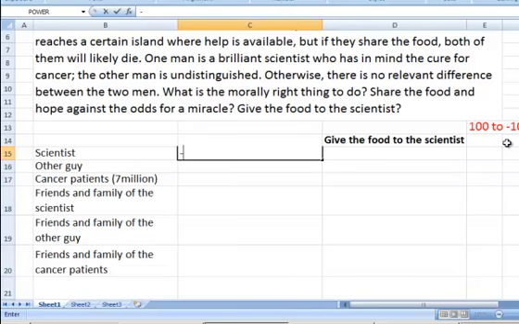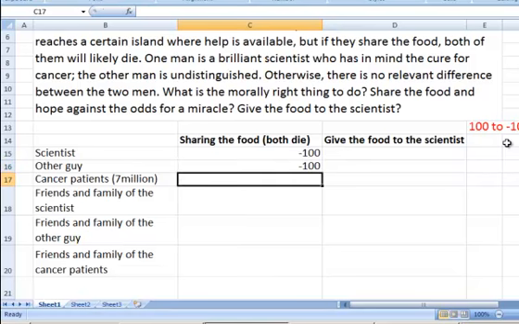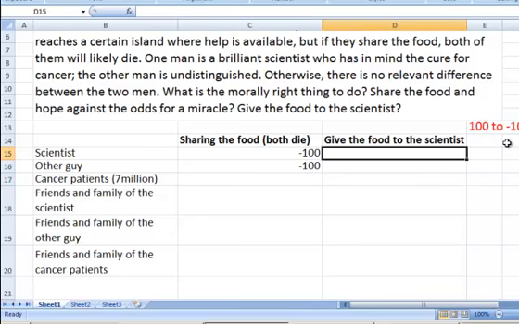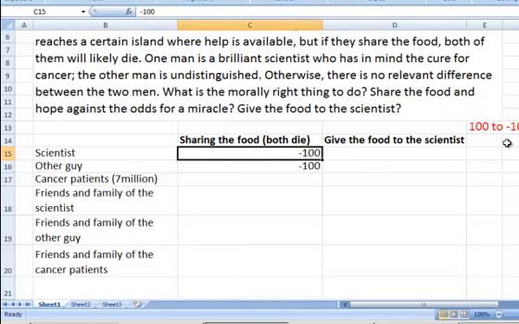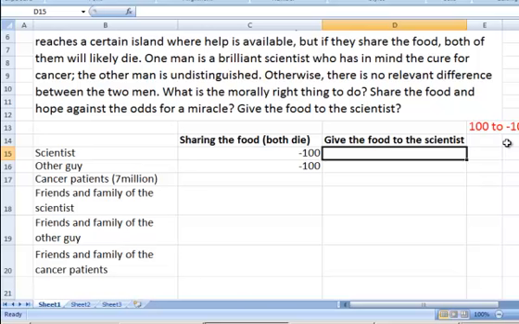So let's just say that if they share the food and both die, let's say they're relatively young, and it's not going to be a very pleasant death either, starving on a raft. So we'll give them the maximum amount of unhappiness, negative 100. And let's say if we give the food to the scientist, he's going to live, he's going to cure cancer.